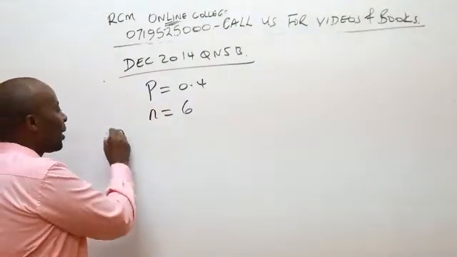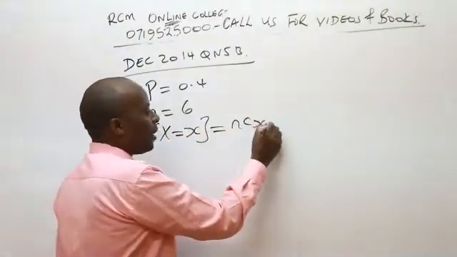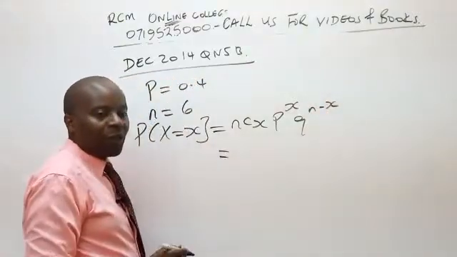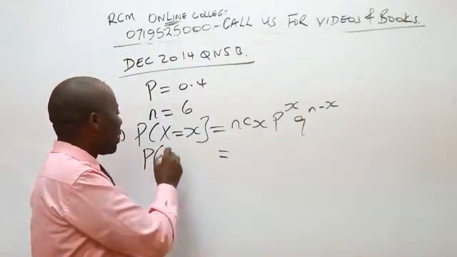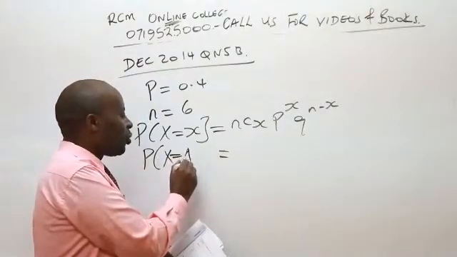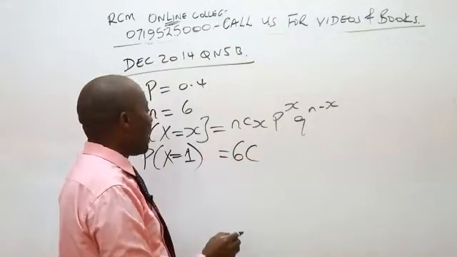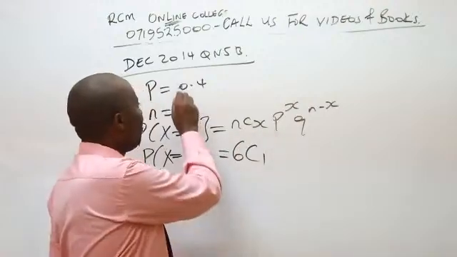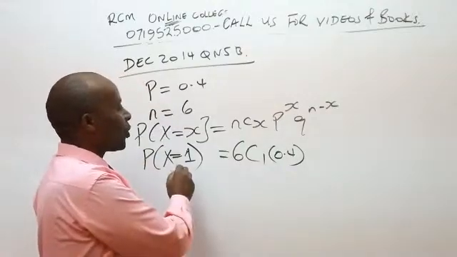So the binomial model, probability of X being equal to x, is n combinations x, p raised to x, q raised to n minus x. They want us to give the probability of X being exactly equal to 1. So our n here is 6, 6 combinations 1, and P is 0.4 raised to power x, which is 1.